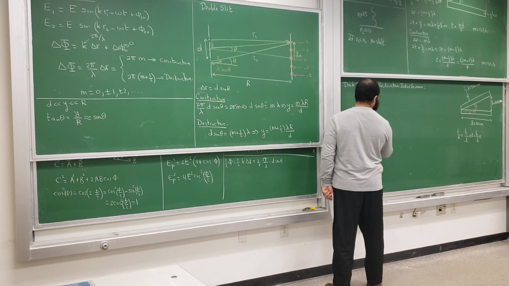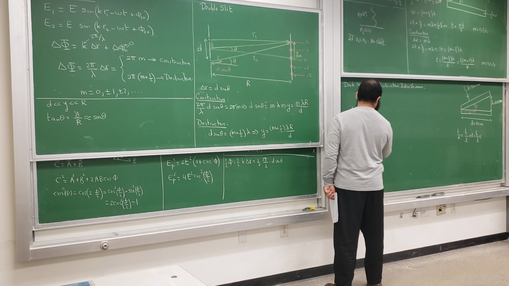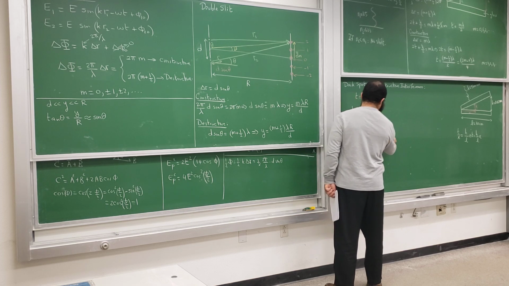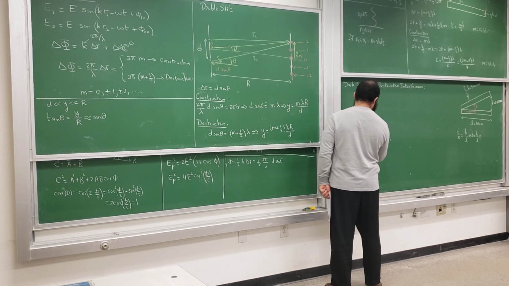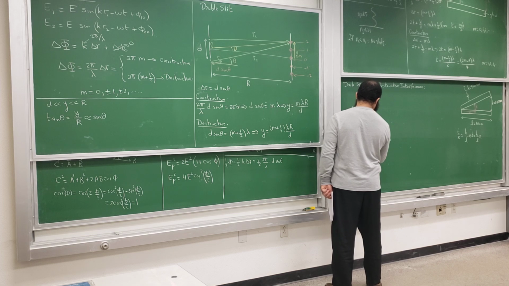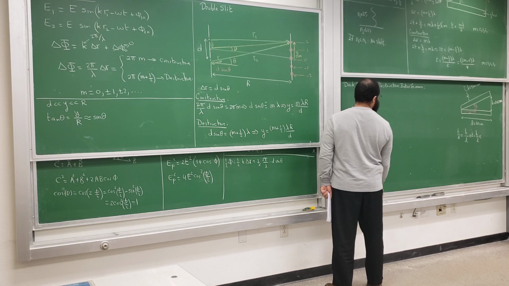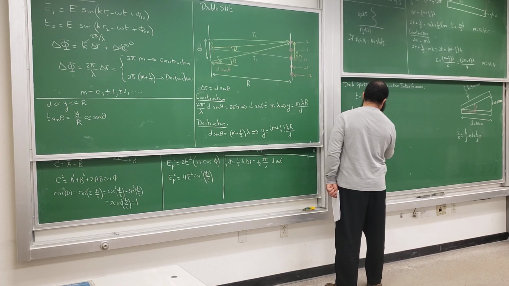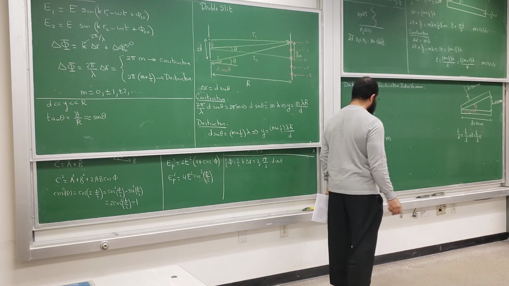L is 10 centimeters, so that's 10 to the minus 1 meters. And then m is still here. And then 2h, so 2 times h. h is 0.02 millimeters, so that's 2 times 10 to the minus 5 meters.